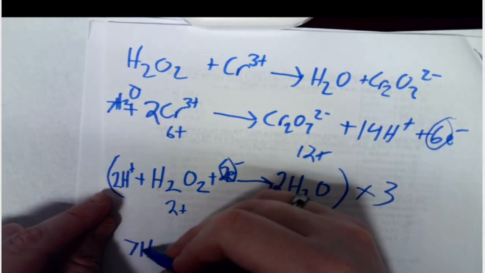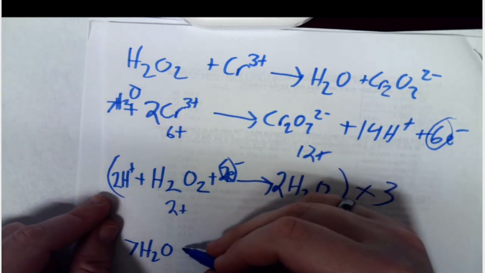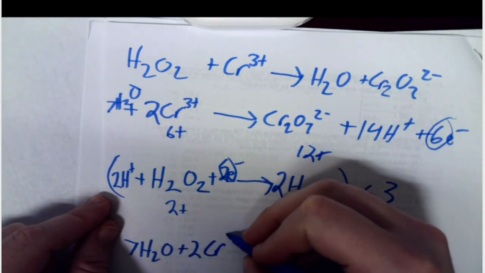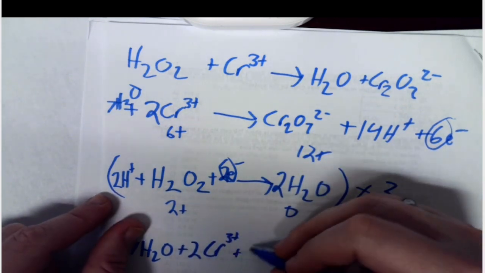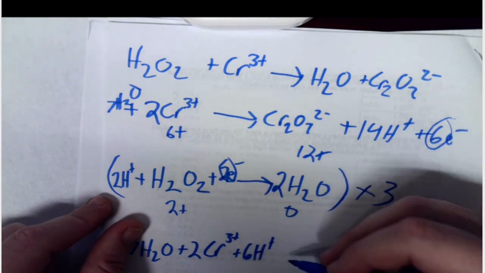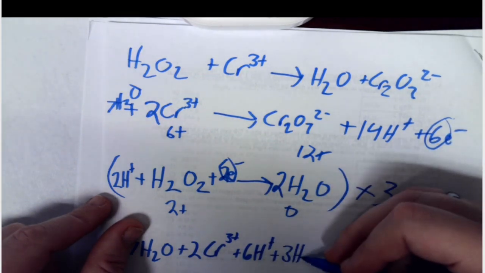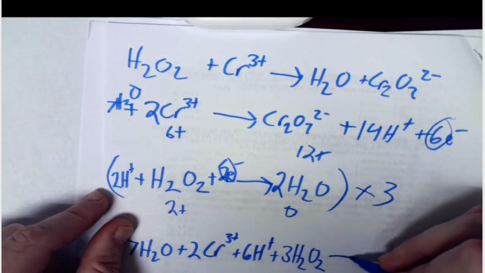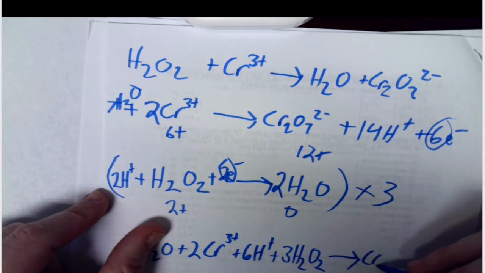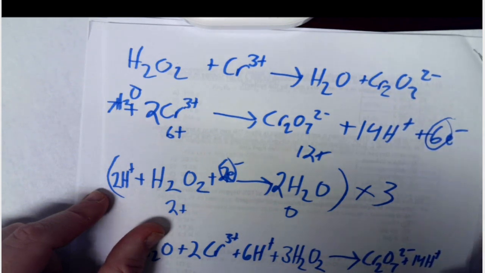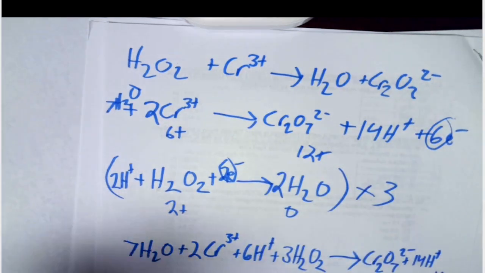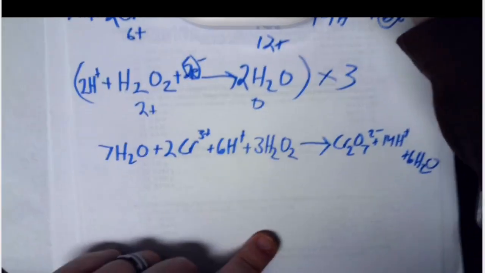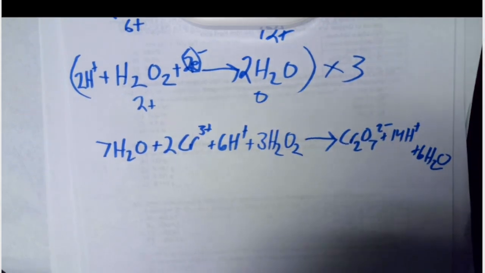So we have 7 waters and 2 chromiums and 6 protons and 3 peroxides goes to dichromate, 14 hydrogens, and 6 waters. I've already pre-canceled out my electrons.